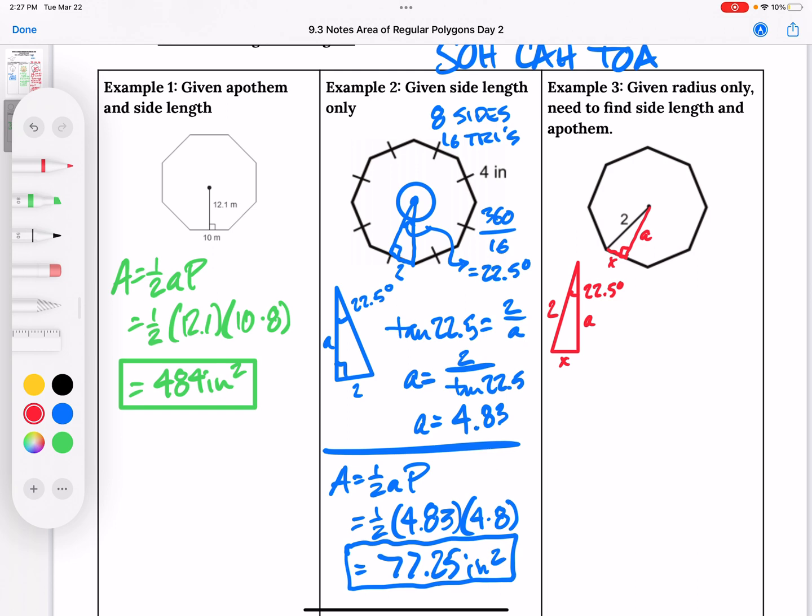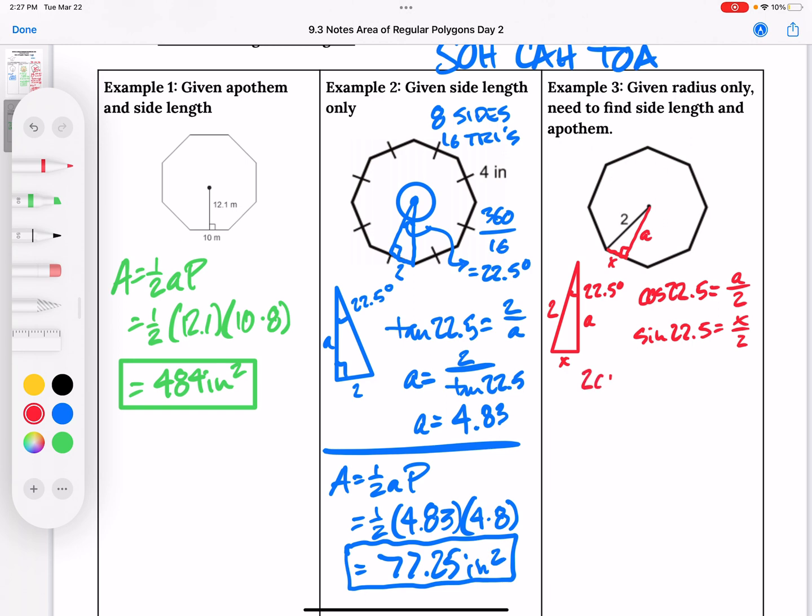So again, setting it up the same way. Cosine of 22.5 equals A over 2. Sine of 22.5 equals x over 2.